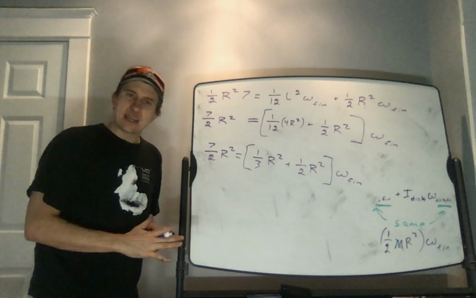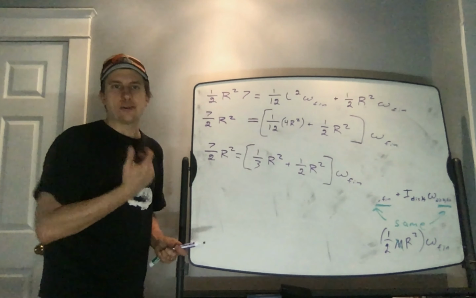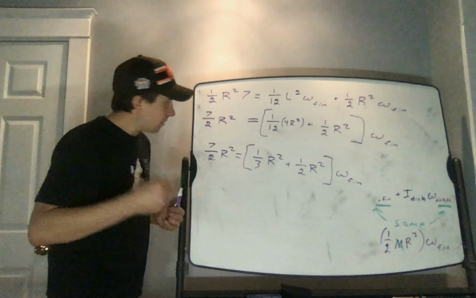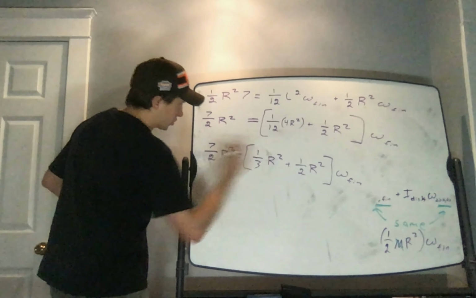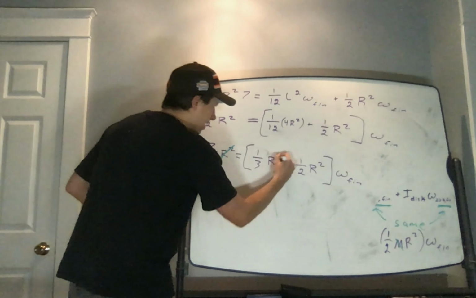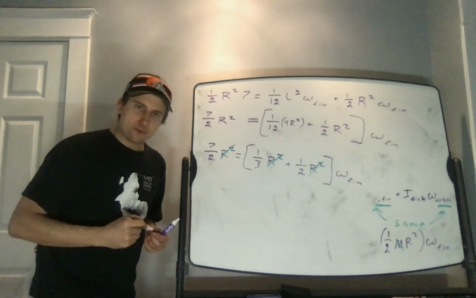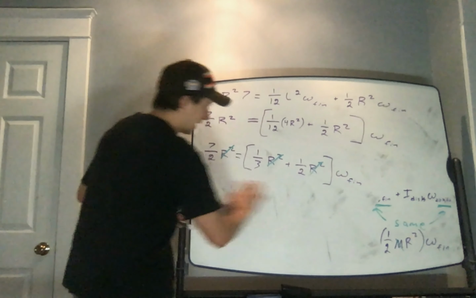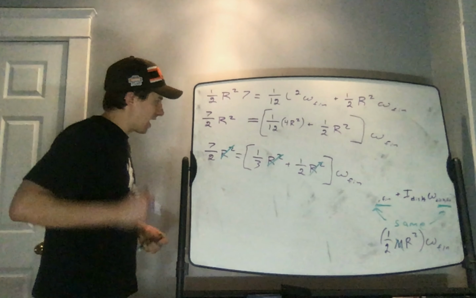And just like how the masses canceled out everywhere in this problem, the R squareds will cancel out everywhere in this problem. And now all I'm left with is omega final and a couple numbers that I need to combine.